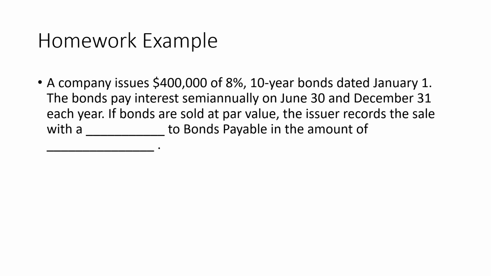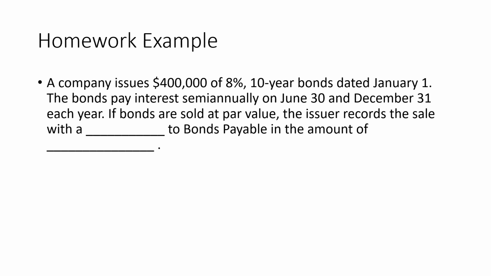This is a similar example from the homework. A company issues $400,000 of 8% 10-year bonds dated January 1st. The bonds pay interest semi-annually on June 30th and December 31st each year.